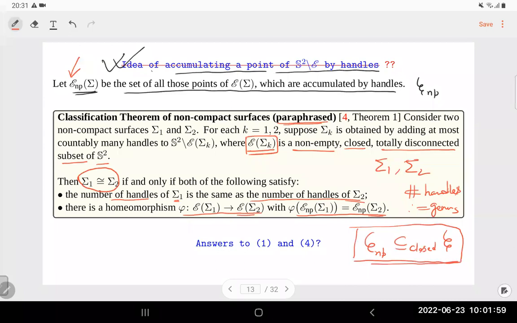How do you check the set of all limit points is a closed subset? Because it is a closed set. This kind of idea you have to use to check that this is a closed subset of this thing. So the classification theory says that you are sending puncture set to the puncture set, also the non-planar puncture set to the non-planar puncture set. Now we are ready to answer question number 1 and question number 4.